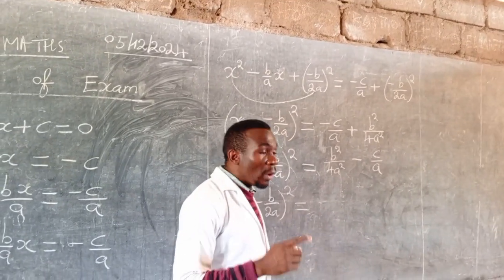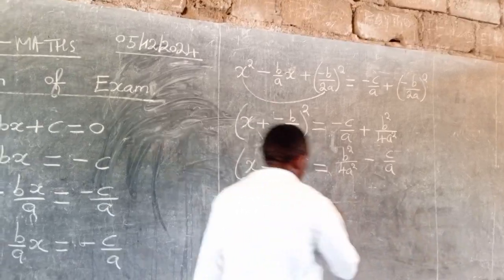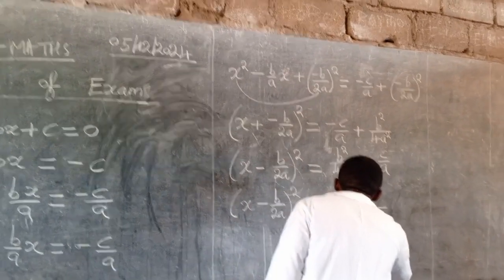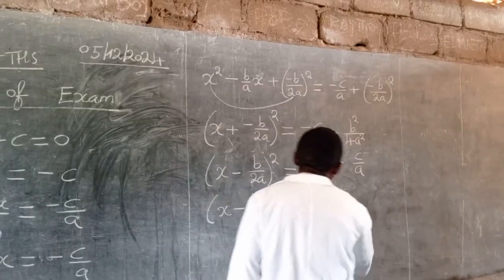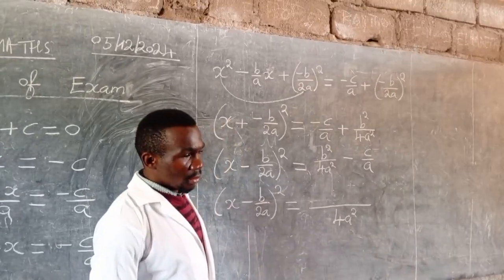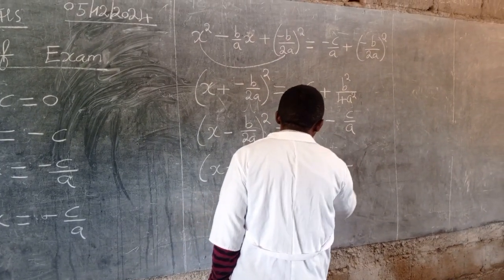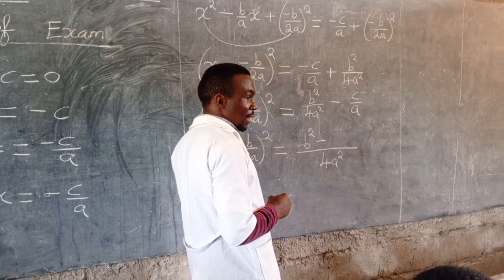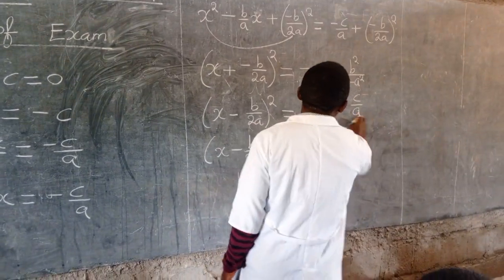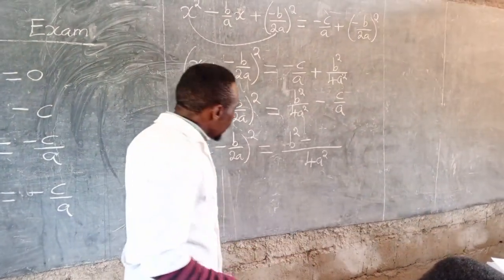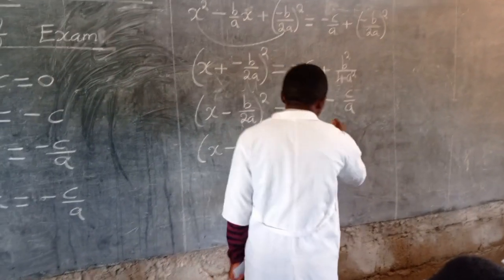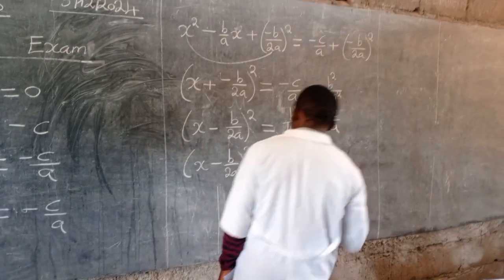The LCM is 4a squared. 4a squared divided by 4a squared is 1, times b squared gives b squared. You bring down the operation sign, which is minus. 4a squared divided by a is 4a, times c is 4ac.